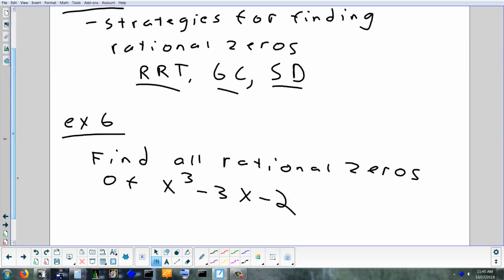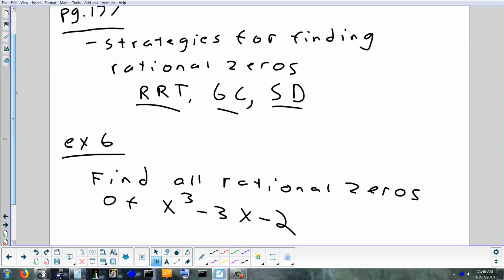So if you get a problem and it asks you to find all rational zeros, these are the steps you want to go through. The first thing is to start with the rational root theorem and make a list of possible options. The second thing is to use the graphing calculator to cross out the ones that don't make sense.